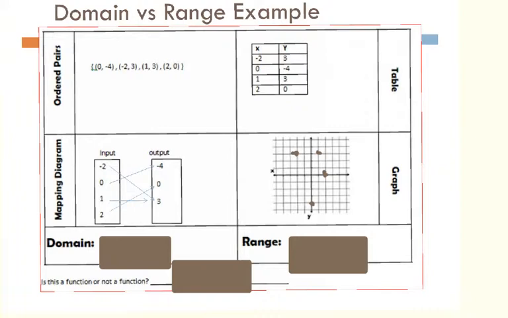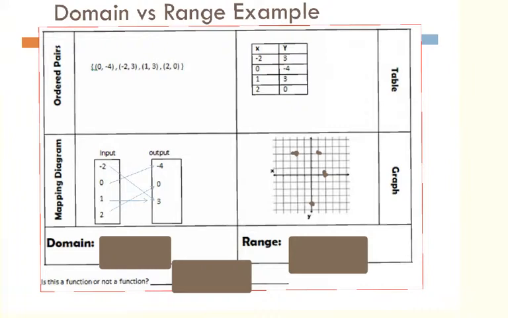All right, so if we're going to find the domain, remember DIX, domain is inputs or X coordinates. So my X coordinates here are 0, -2, 1, and 2. The same with the table. It's just this time in the table, it's in numerical order. -2, 0, 1, 2. Mapping diagram, -2, 0, 1, 2.